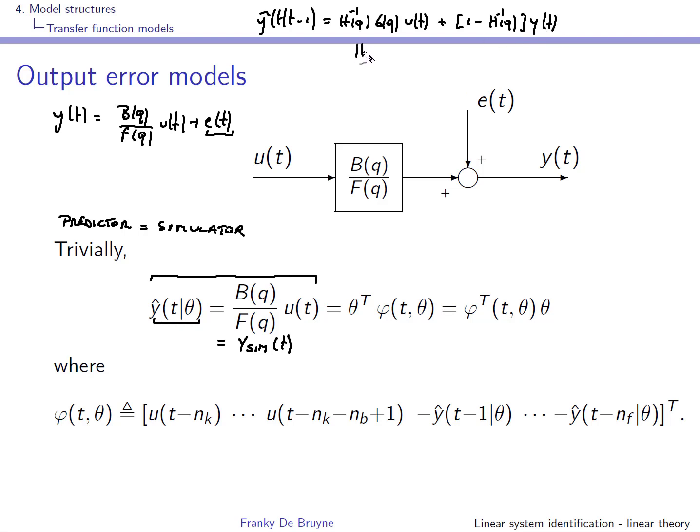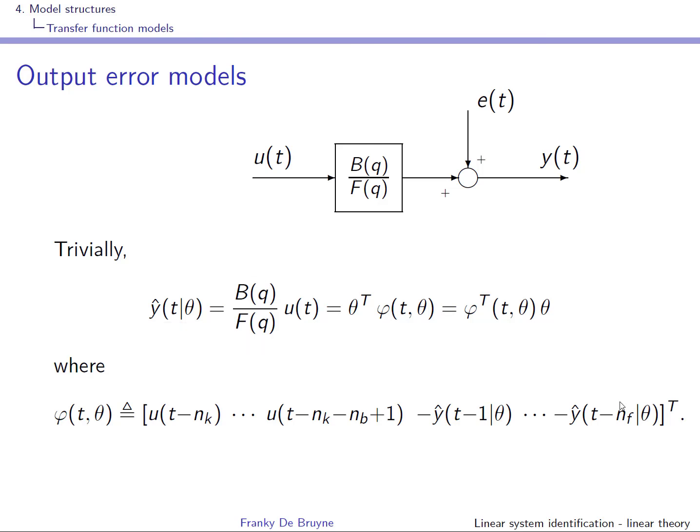Okay, and obviously H(q) for an output error model is equal to 1, so this term disappears and this one disappears, and this is indeed here G(q), right? So this is the predictor and also the simulator.